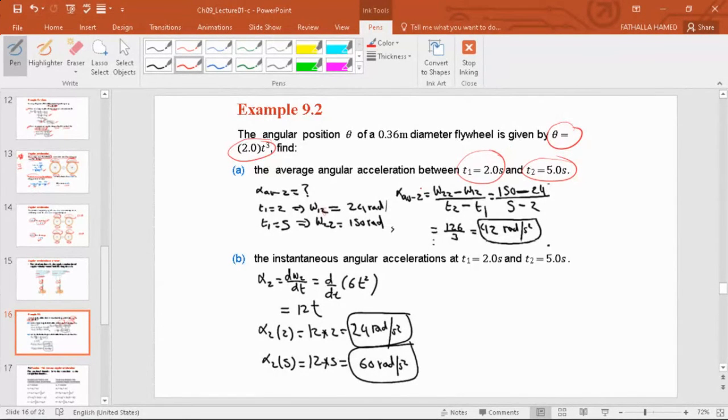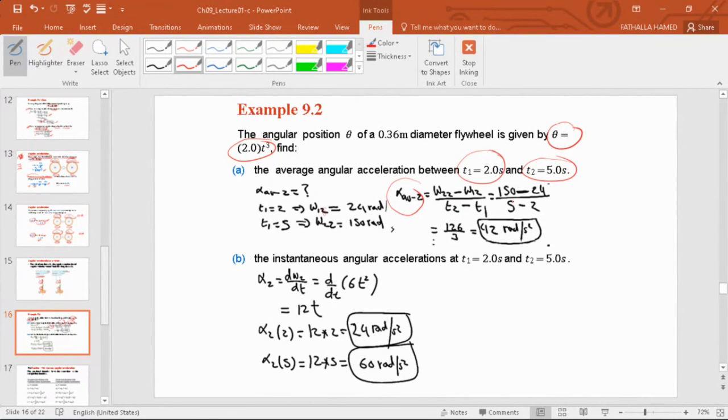You know that your average angular acceleration is going to equal delta omega by delta t. So it's omega 2z minus omega 1z over t2 minus t1.